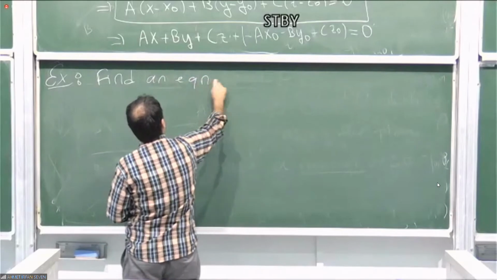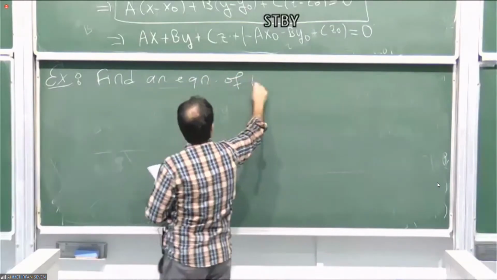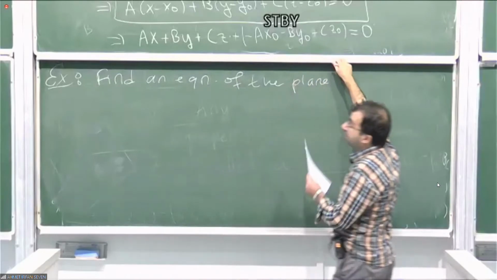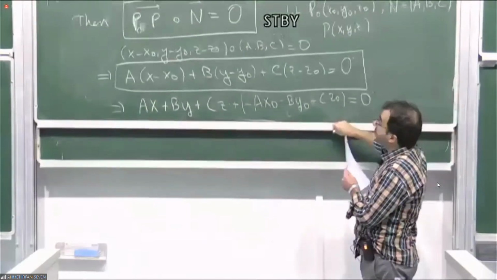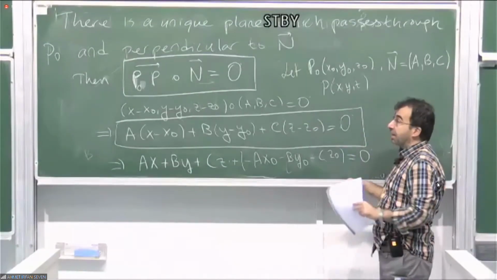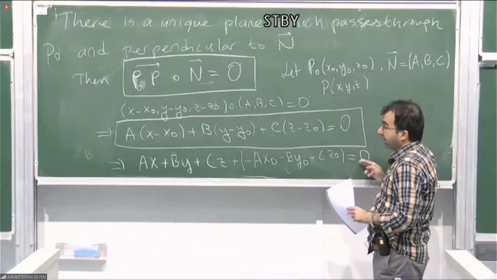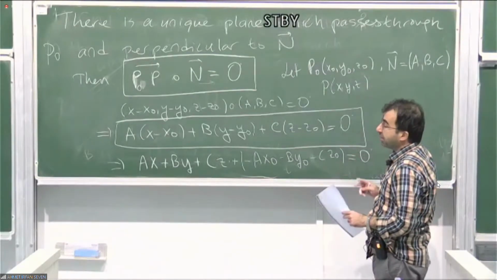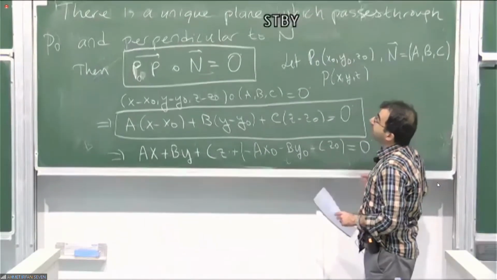By the way, I got an equation, fine. However, you see it depends on the normal vector. So if I choose another normal vector, I will get a different equation. But they will be related, as we will discuss later.